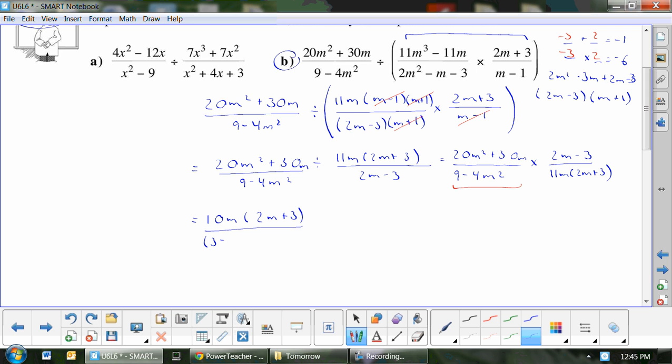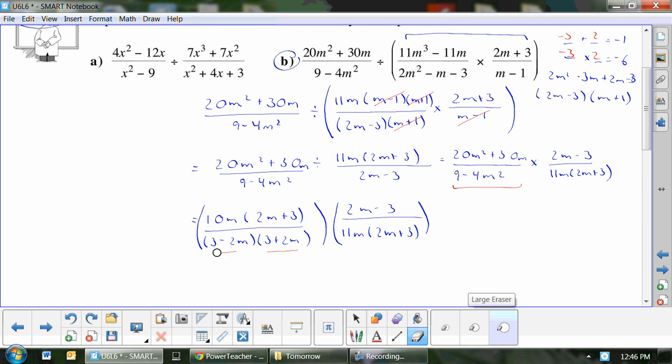So you get 3 minus 2m and 3 plus 2m. And that's all multiplied by 2m minus 3 over 11m. Like this one you could rewrite as 2m plus 3. But this would still be, if you were to rewrite it, it would still be negative 2m plus 3.